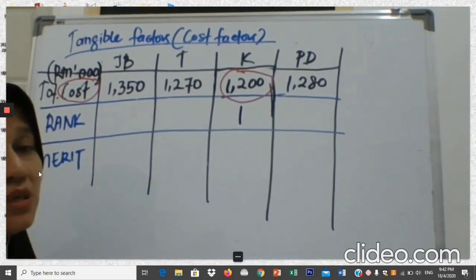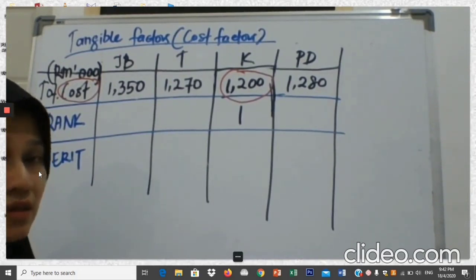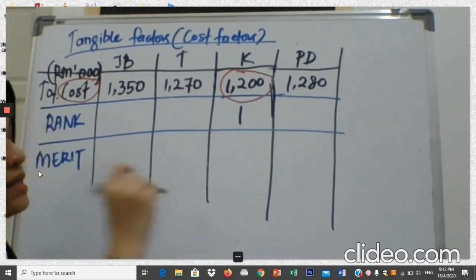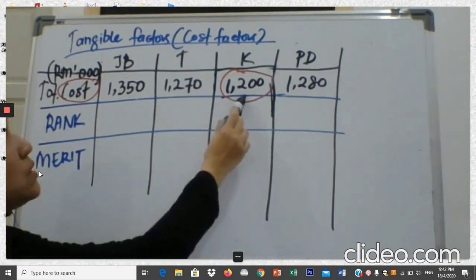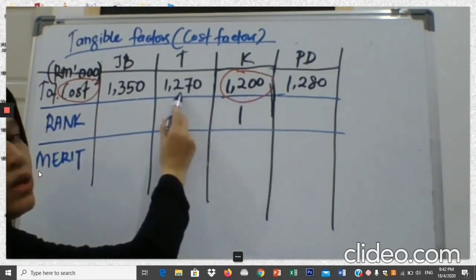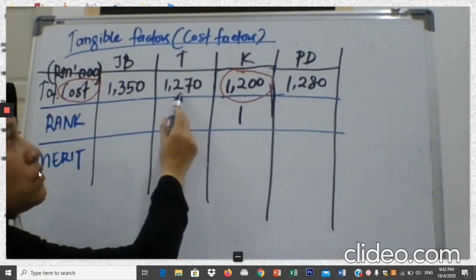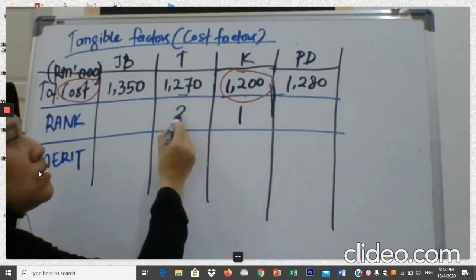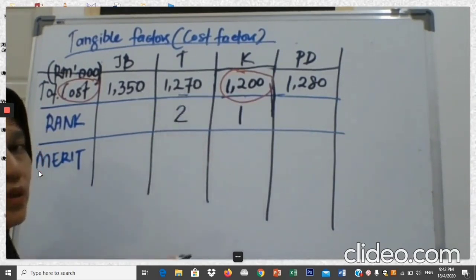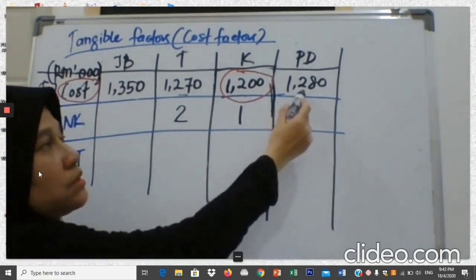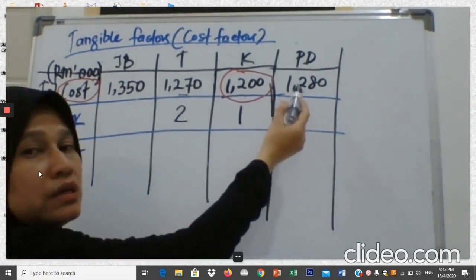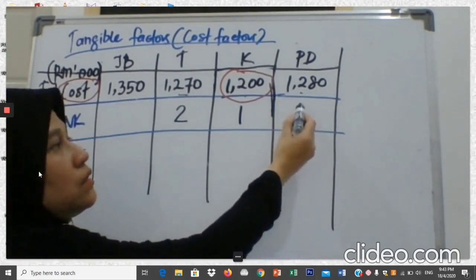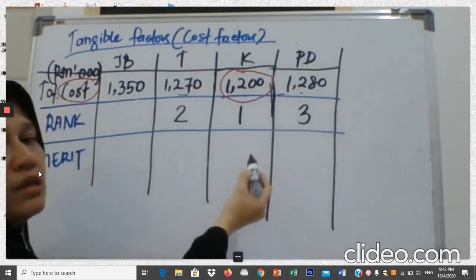The same thing applies when you were in school. You are the best, so you get rank number one. That is the concept of rank. Second best is Tapah, 1,270,000 ringgit, so you assign rank number 2. Third best is Port Dickson, 1,280,000 ringgit.